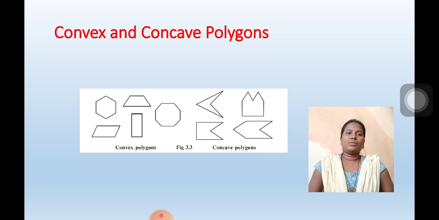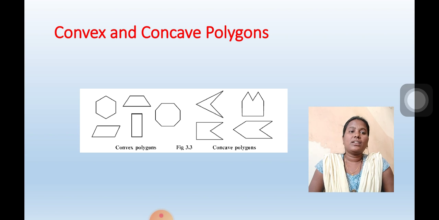Now, let us go with what are convex and concave polygons, right? We know that a quadrilateral is a 4-sided closed figure, or a polygon that is made up of 4 sides. So in this figure, the first are the convex polygons and the second set are the concave polygons. What is the difference between them?